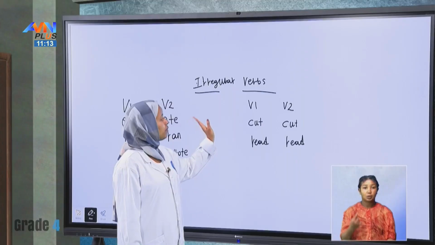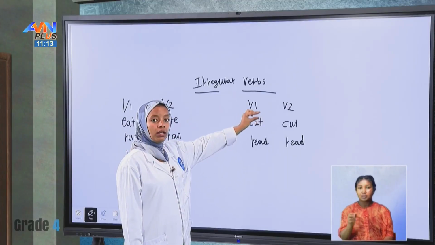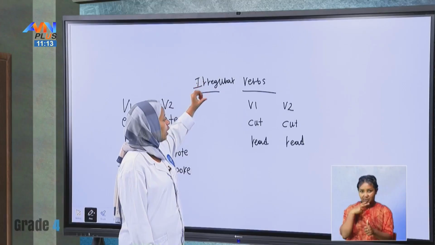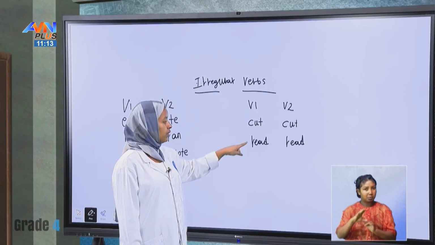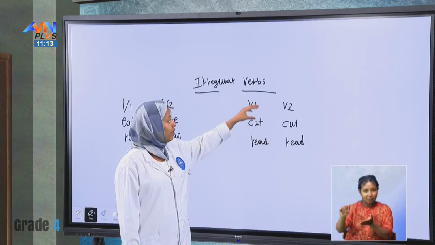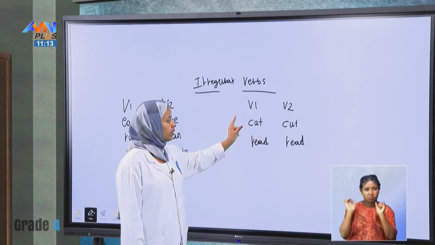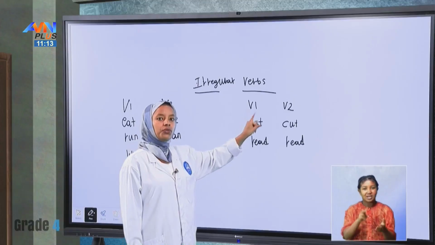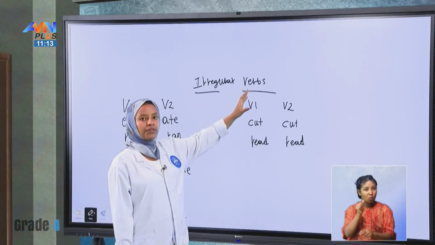We can use them as verb 2. Cut, cut. Read, read. So these verbs are not changing at all. These all are examples of irregular verbs.